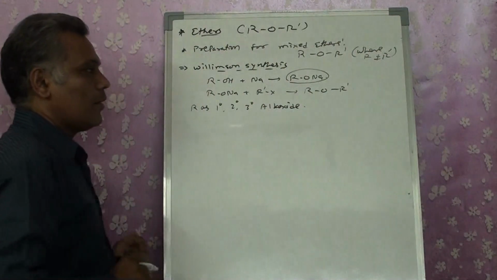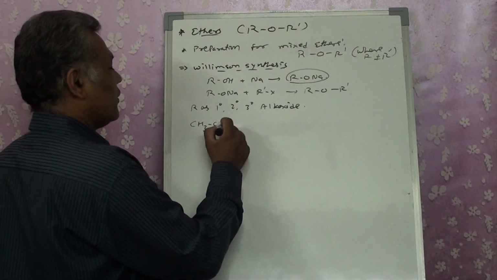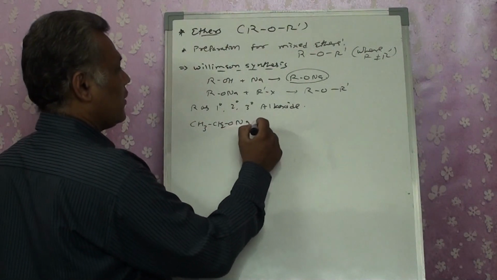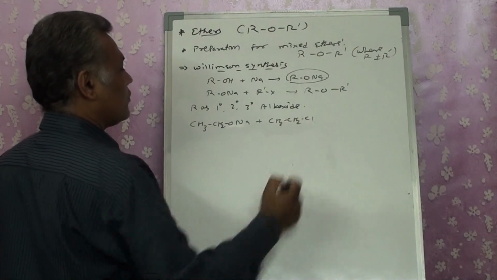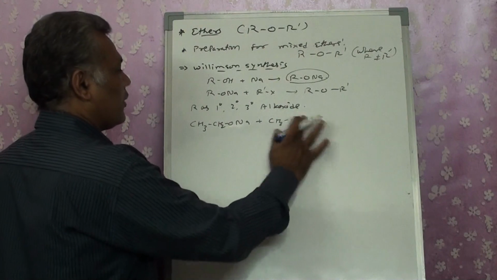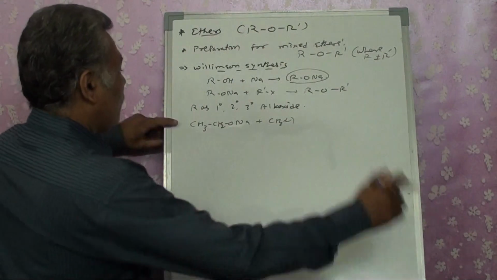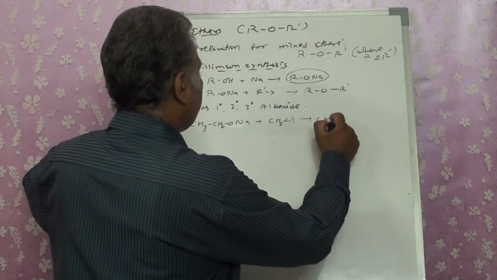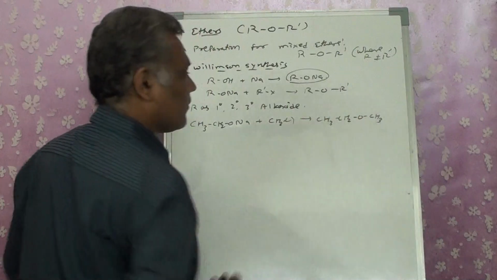Alkoxides, right? That means if I take CH3CH2ONa reacting with CH3Cl, since we want a mixed ether, what we get is CH3CH2OCH3.